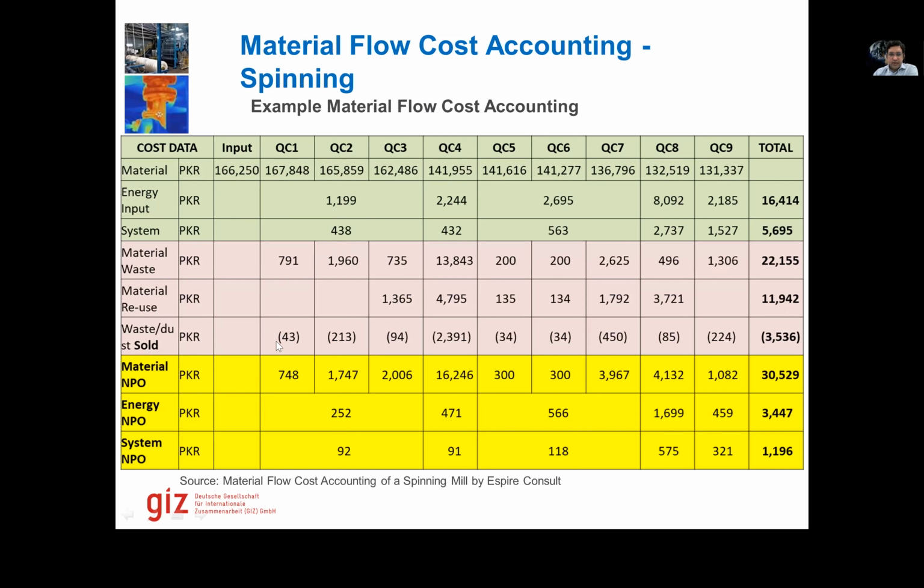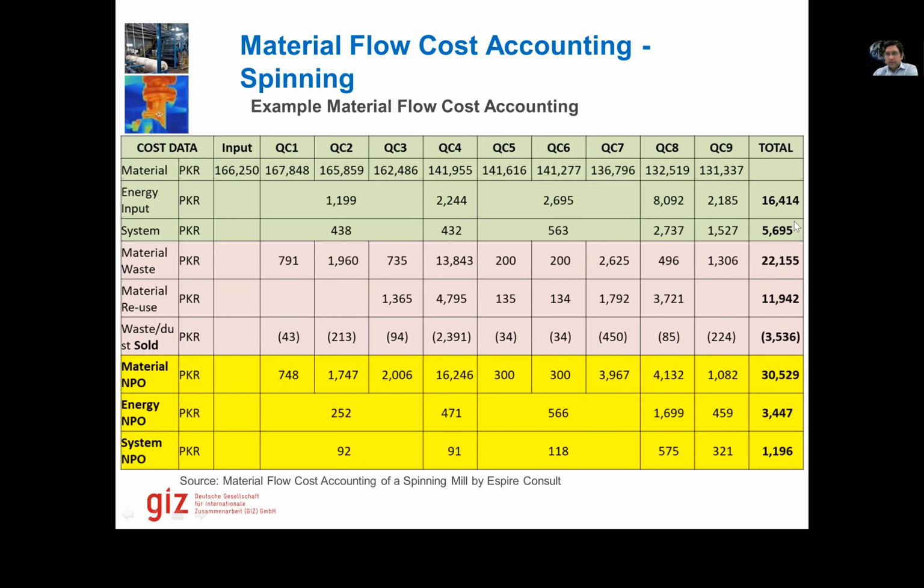The values in negative show that these were sold, so these are revenues, but negative because we have put all the costs as positive, so revenues go as negative. So when we do these, for example, 791 minus 43, we have the NPO cost as 748, then the energy cost, and then the system cost.